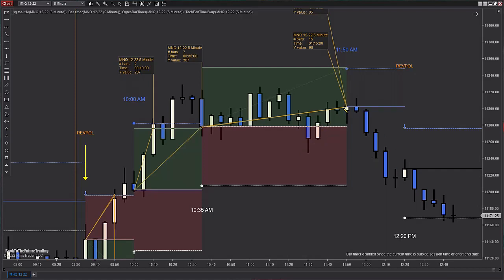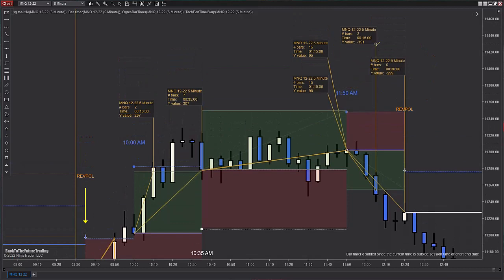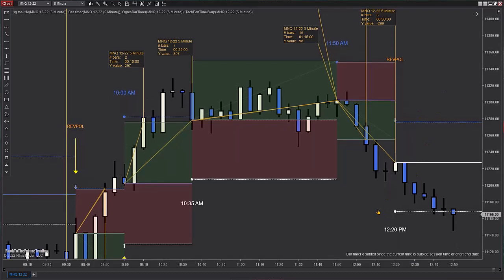And then we have a sell signal runner and a 1-to-1. This is about the time where I probably should have stopped trading for the day. Can't remember. Then we have this rev poll here.